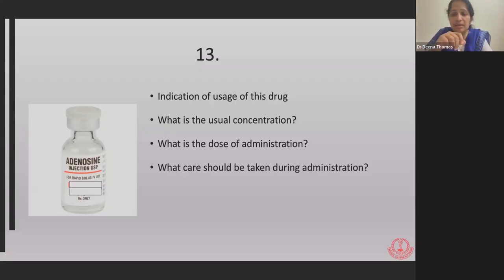So 6 mg per 2 ml. What care should be taken during administration? What is the dose of administration? It is 0.1 mg per kg per dose, followed by a flush bolus. So 0.1 mg per kg per dose, followed by the next dose. What will be the next dose?